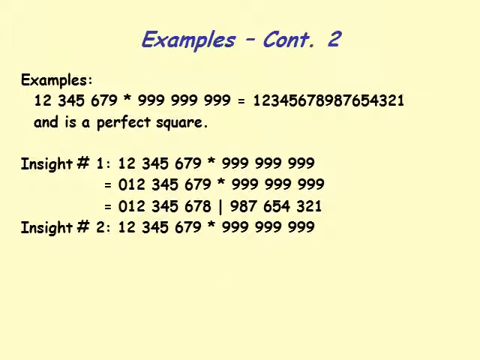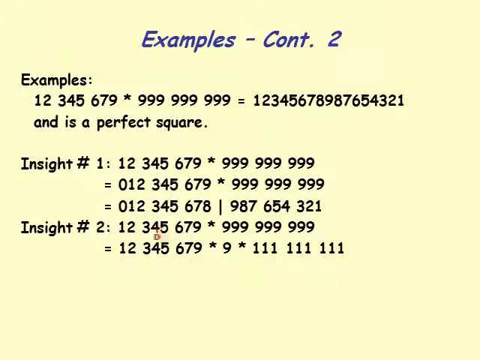Now inside number 2. We also have to prove that it's a perfect square. So 12,345,679 times 999,999,999 is equal to 12,345,679 times, extracting 9 as a factor, 9 times 111,111,111.